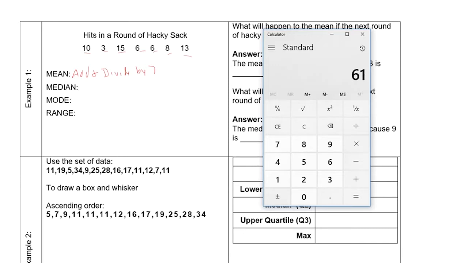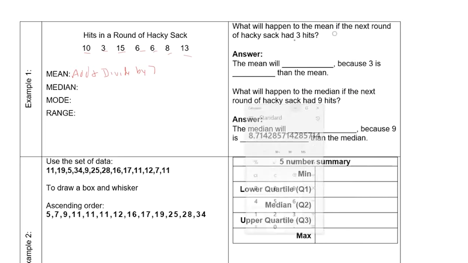We get 61. There are 7 numbers, so we're going to divide by 7. So our average is 8.714. We're going to round that to 8.71.